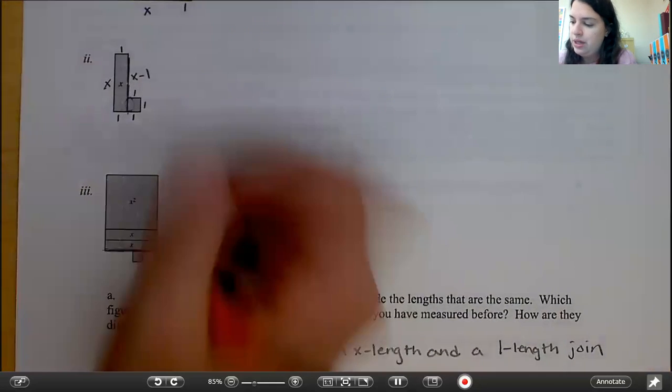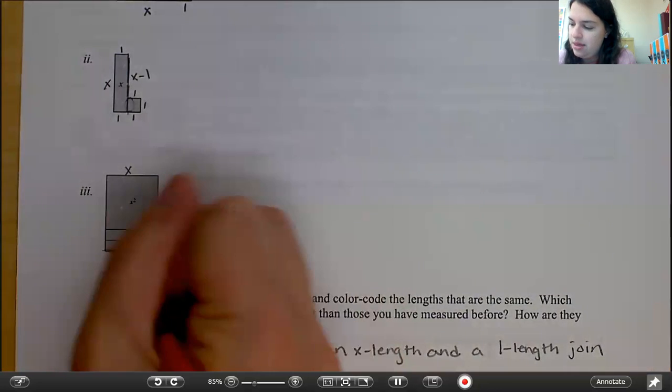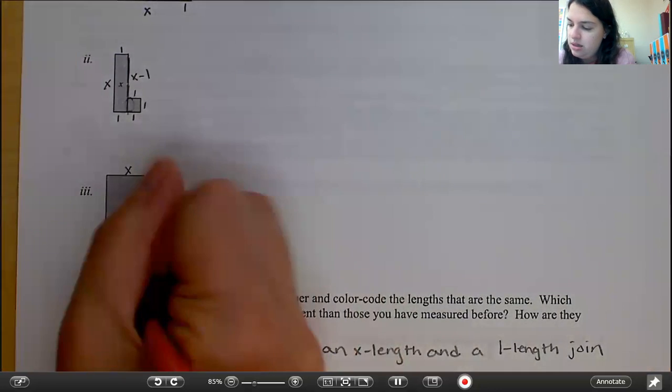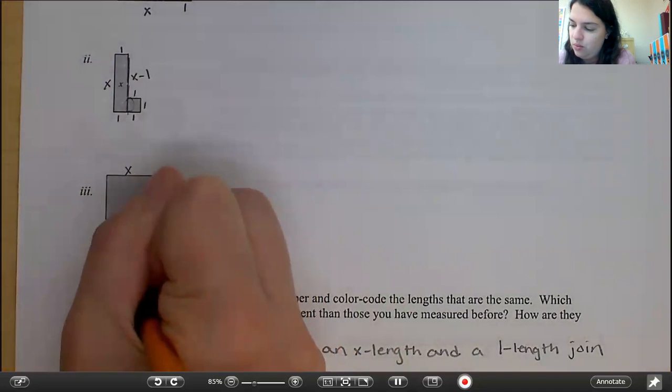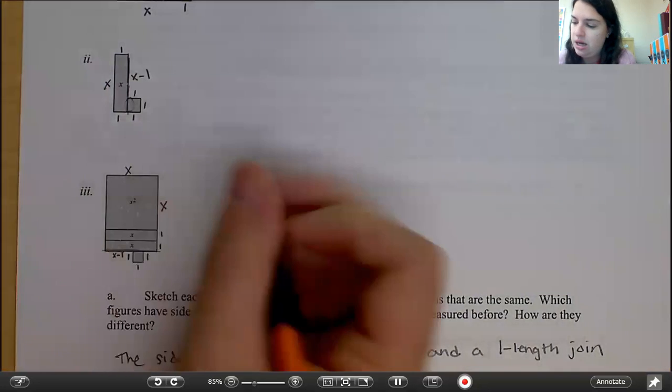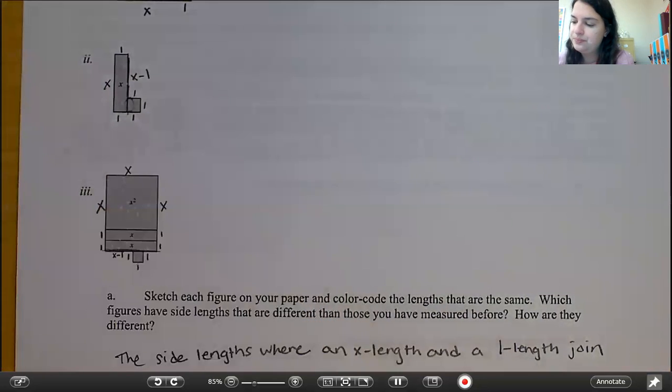And moving down to 3, we have x, x, 1, 1. Again, this whole side length is going to be x minus 1, then 1, 1, 1. Gotta get that unit tile. 1, 1, and x. Okay.